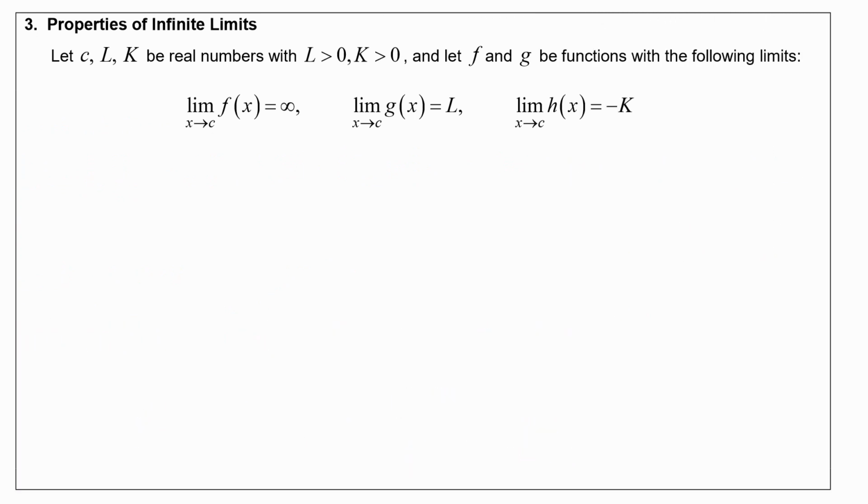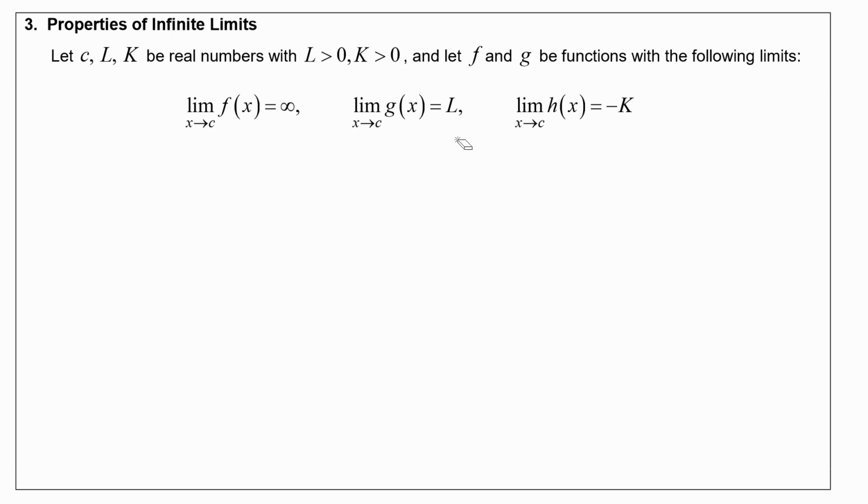Next up, we go over some properties of infinite limits. Let C, L, and K be real numbers with L greater than 0 and K greater than 0. So those two are positive. And let F and G be functions with the following limits. The limit as x approaches C of f of x is equal to infinity.